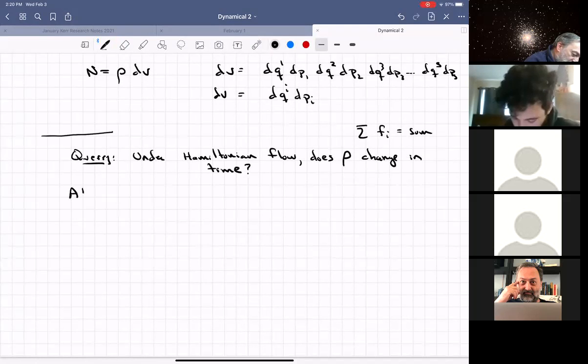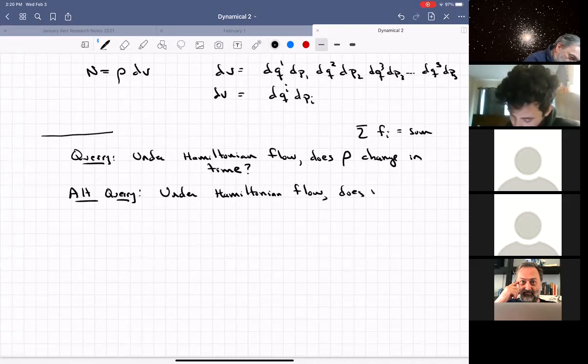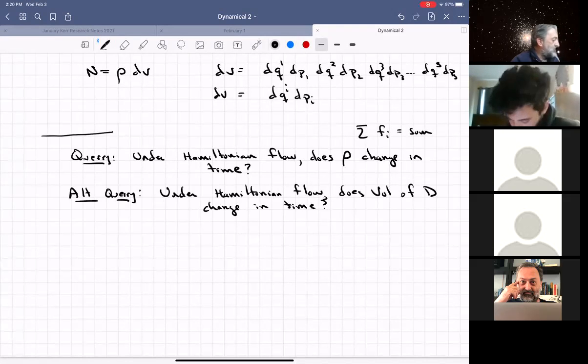An alternate version of this query, you can write it this way: under Hamiltonian dynamics, we're going to see that these are essentially the same questions.